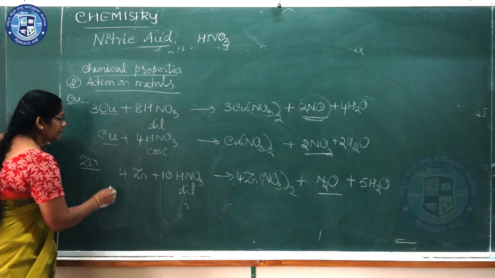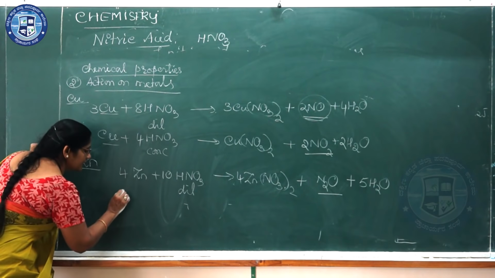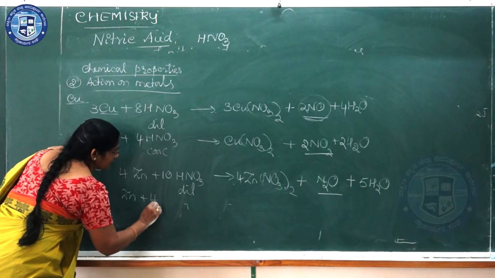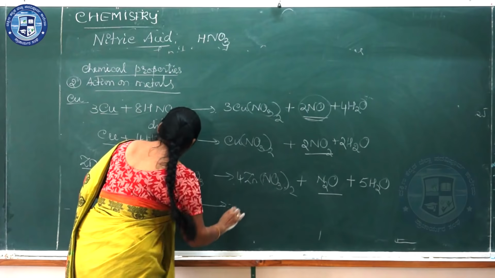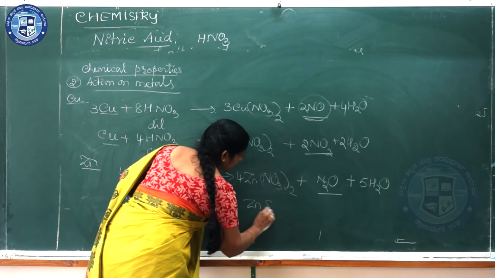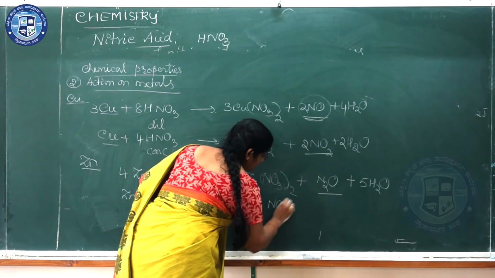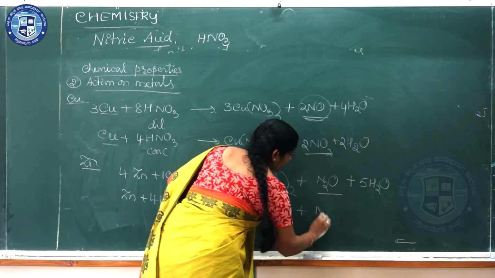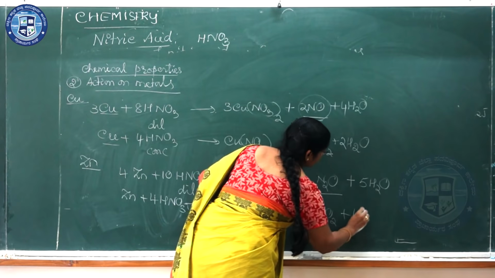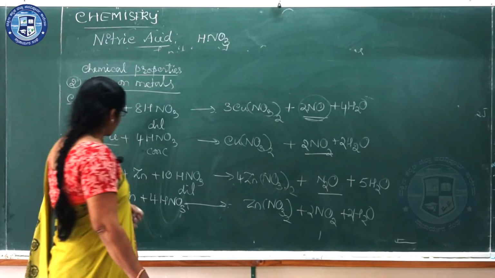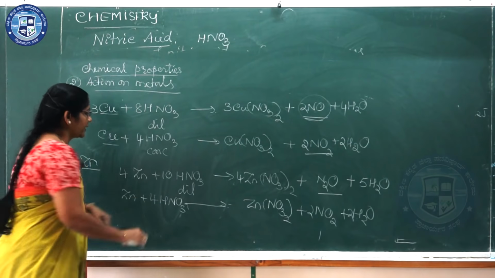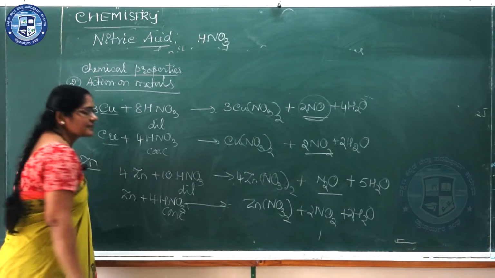But the reaction of zinc with the concentrated nitric acid is very much similar to copper. It gives zinc nitrate, nitrogen dioxide and water. So zinc with the concentrated nitric acid, the behavior is the same.